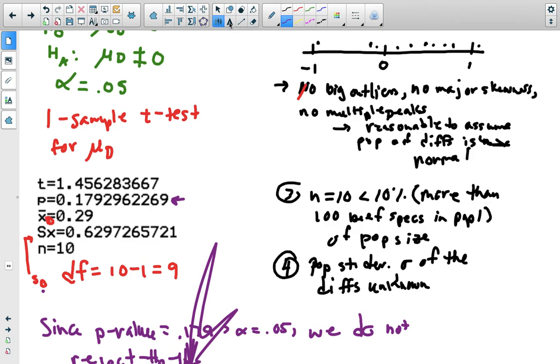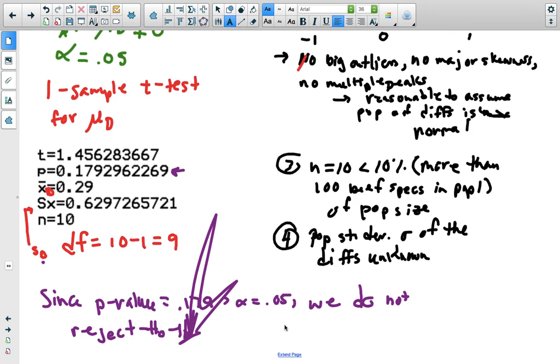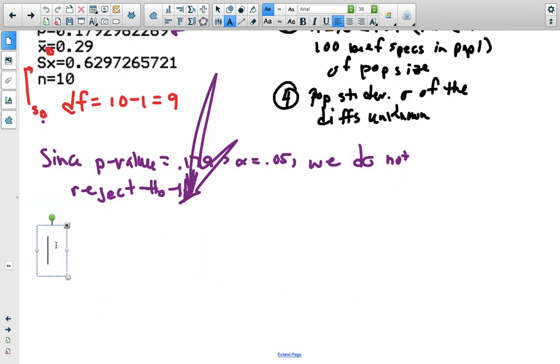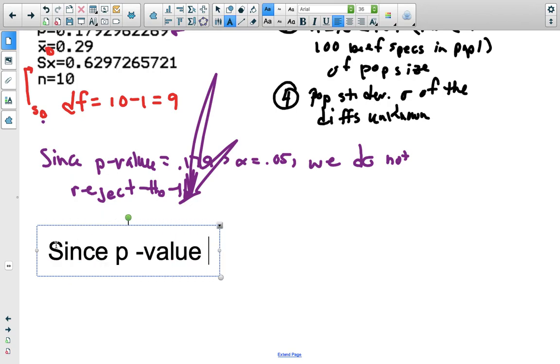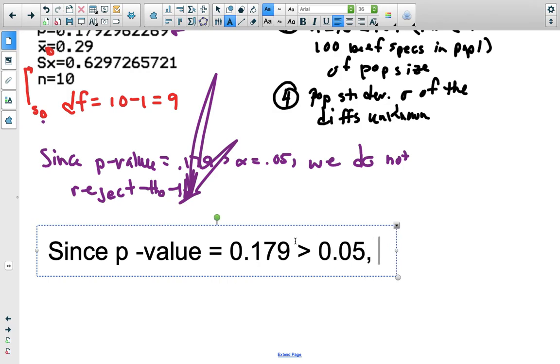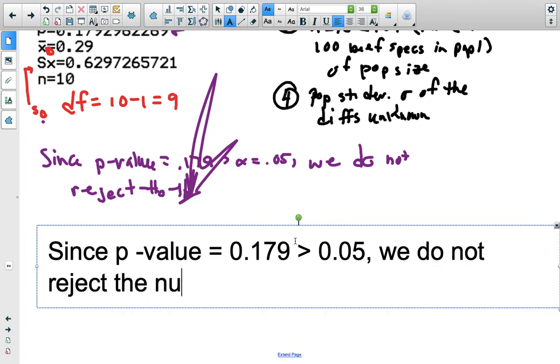I'm just going to type this. Since your p-value, which is equal to 0.179, is greater than 0.05, we do not reject the null hypothesis.